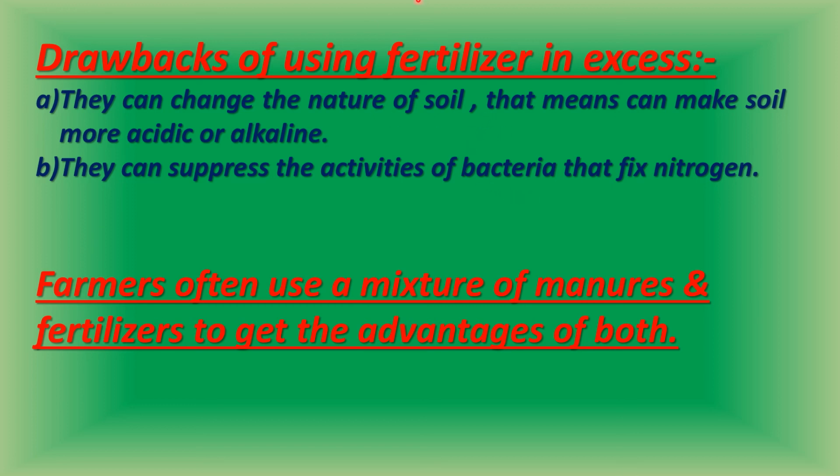When you are applying an excess amount of fertilizer, it may stop or decrease the activity of that bacteria which is converting atmospheric nitrogen into nitrogenous compounds, or you can say a soluble form of nitrogen, which plants will absorb for proper growth. Right? So in that case, fertilizer should be under control.